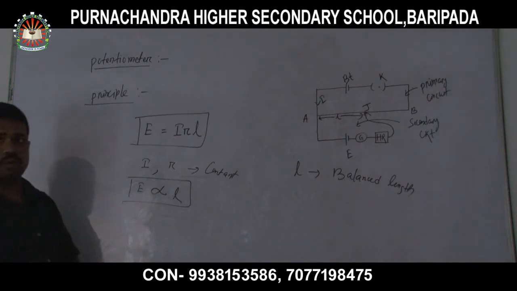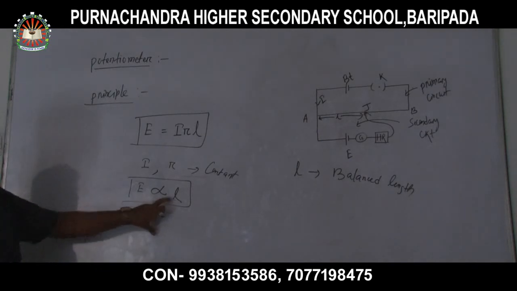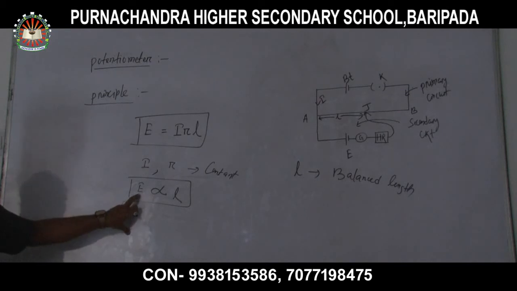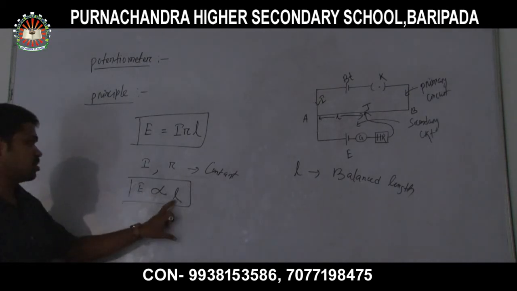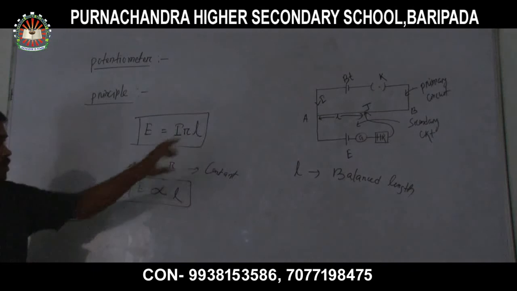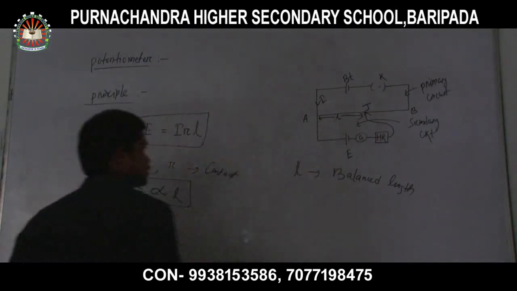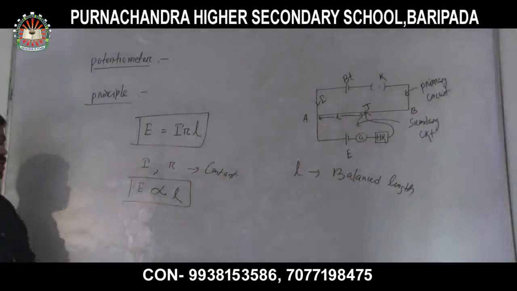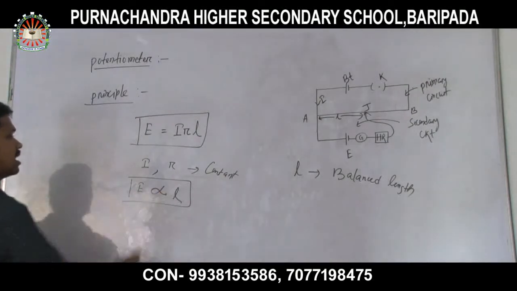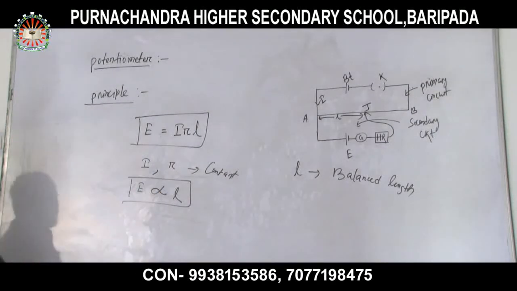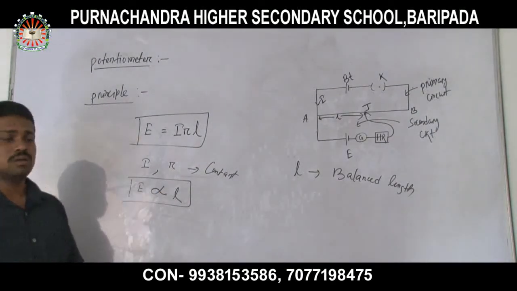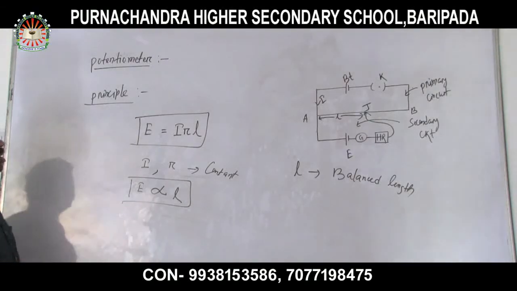Clear? As the length changes, the EMF is directly proportional to the balanced length. Clear all of you? So E is directly proportional to L. This is the principle of your potentiometer.